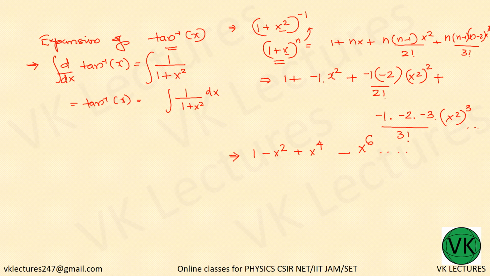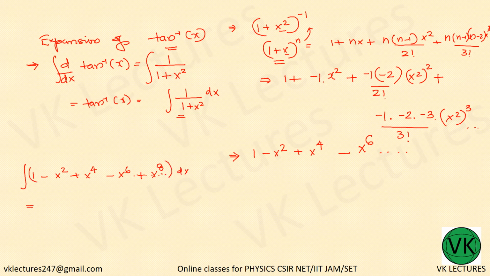But we didn't get to our formula because we have to integrate this now. So tan inverse x is integration of 1 minus x square plus x to the power 4 minus x to the power 6, etc. Now if you want, you can continue writing like this, right? The next term would be plus x to the power 8, etc., up to dx.